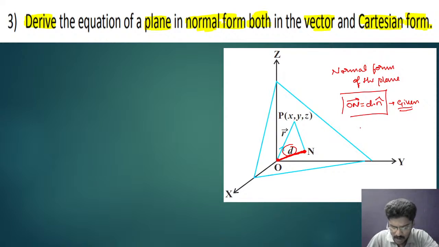In problems, they will give the distance of the plane from the origin. Here vector ON is d dot n cap. d is the distance from the origin and n cap is the unit vector in the direction of ON. Are you clear?